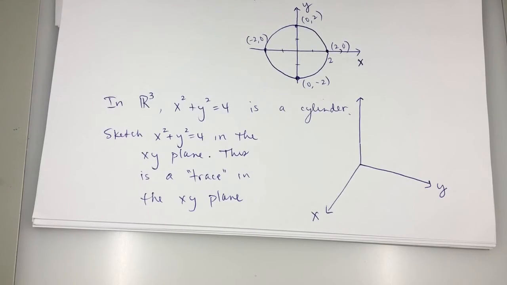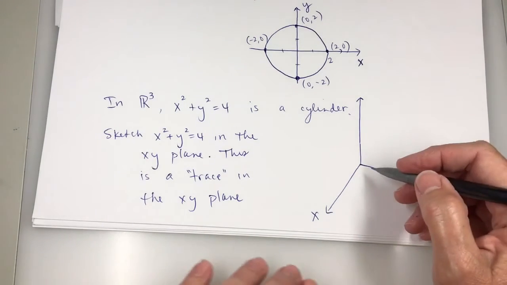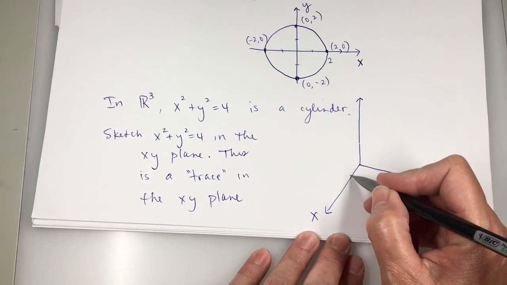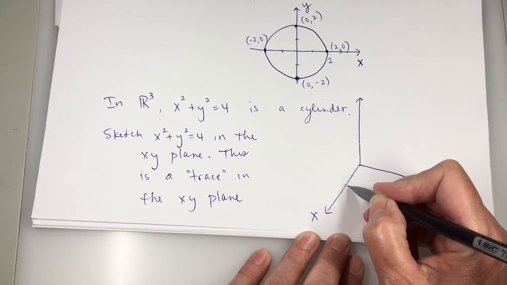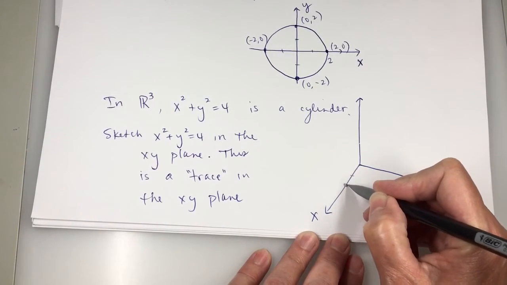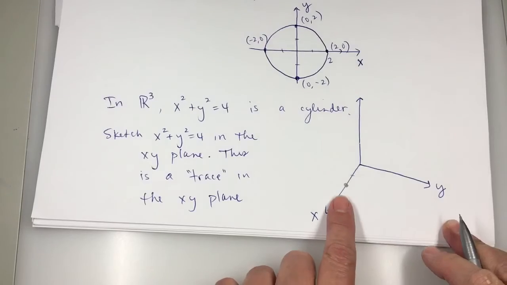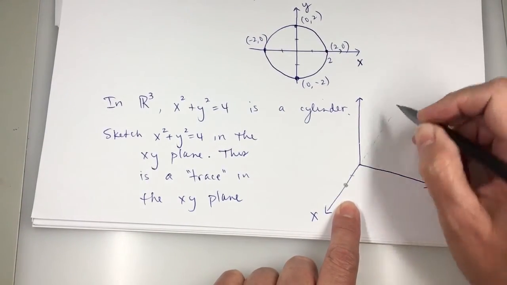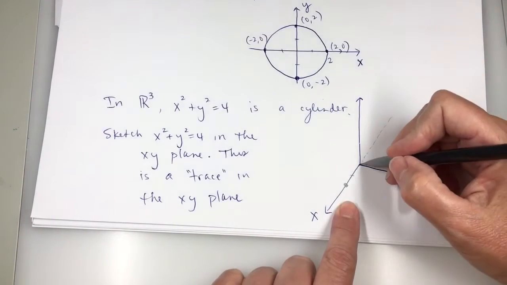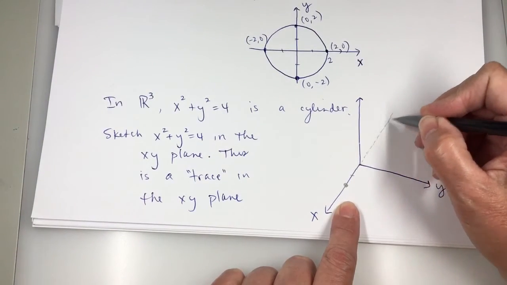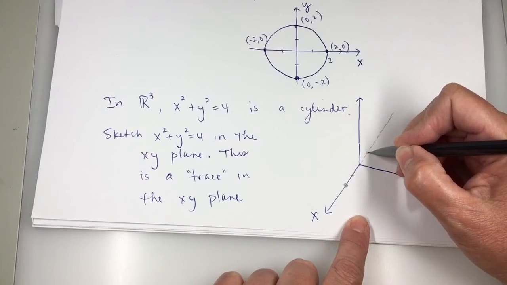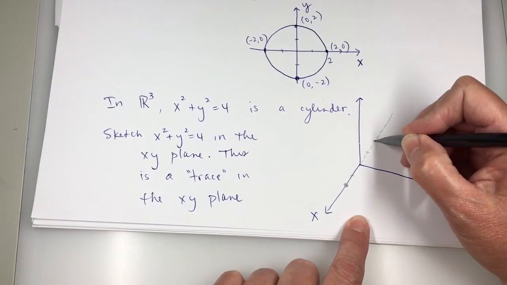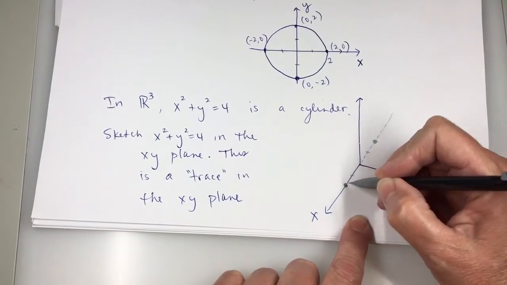And let me try to grab my pencil for this. On the x-axis, I'll come out 2 units. This point would be in the trace. In fact, that point's going to be on the cylinder. Let me put in my dotted lines for the negative side of x. I don't know if you can see that. I'm trying not to clutter it too much, trying to put it lightly.